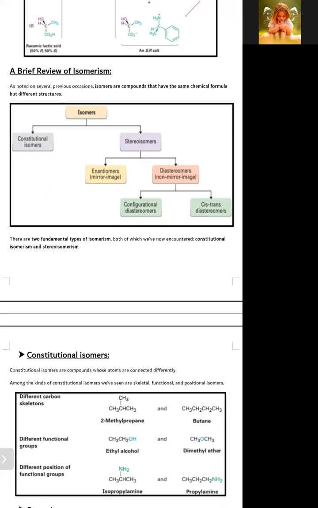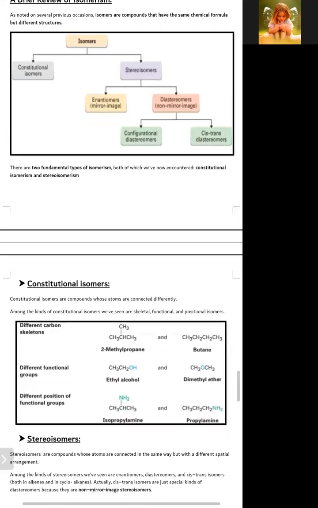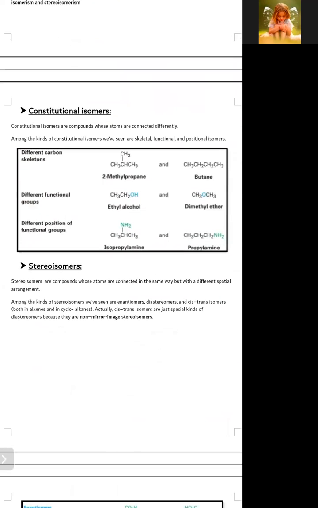There are two different types of isomerism, both of which we have now encountered: constitutional isomerism and stereoisomerism. Constitutional isomers are compounds whose atoms are connected differently.